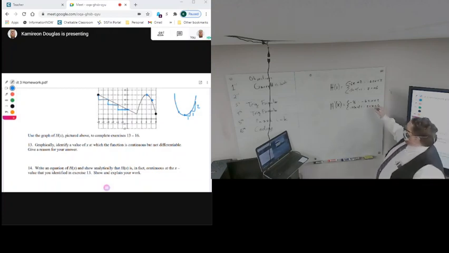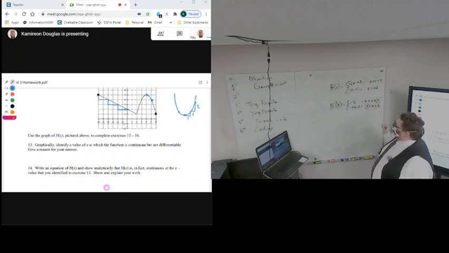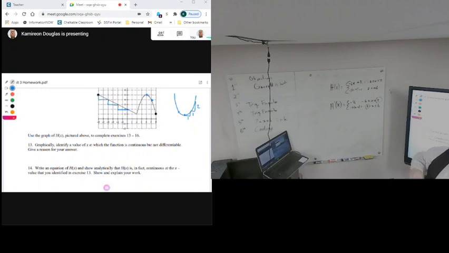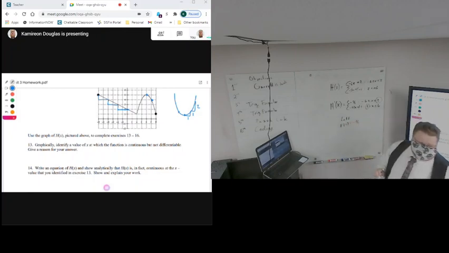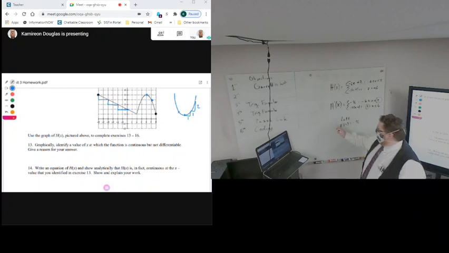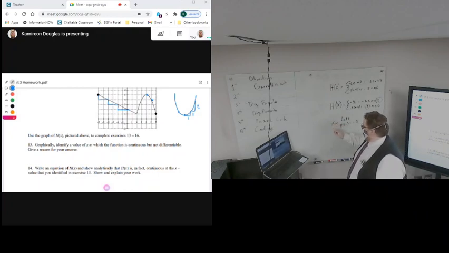Now the question is, what's happening here at 2? This is h prime, but I want to know what's happening specifically at 2. On the left-hand piece, which in my list is the top one, h prime of 2 in this case is equal to -1/2. So we could say the limit as x approaches 2 from the left of h prime of x.